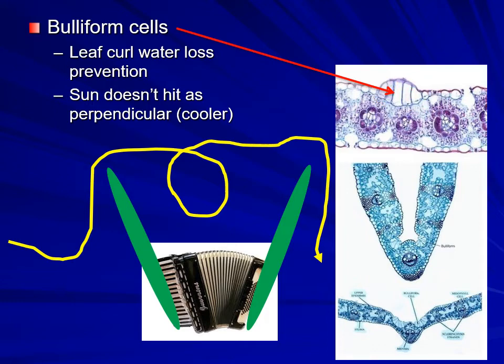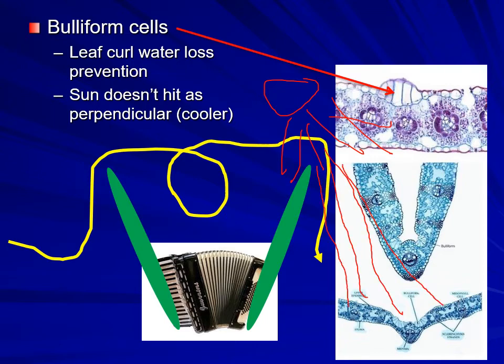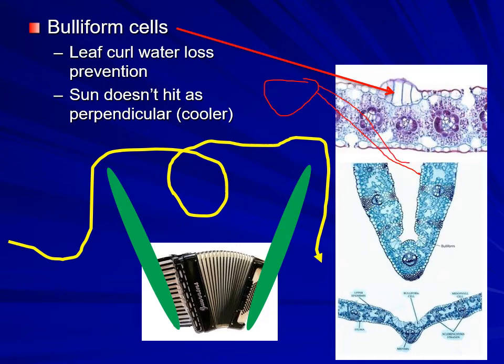So let's say the sun is shining here and shining away, and it's impacting this leaf. It's going to hit the surface of the leaf at a more acute angle. Whereas when the leaf is folded up, the sun is going to have a little more difficulty accessing the center of the leaf, which reduces the temperature, which reduces the amount of evaporation. So again, it's a means for dealing with water stress.